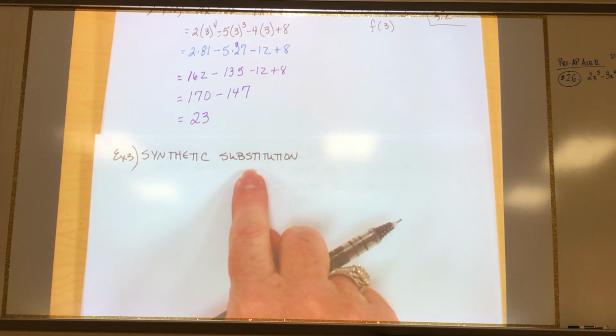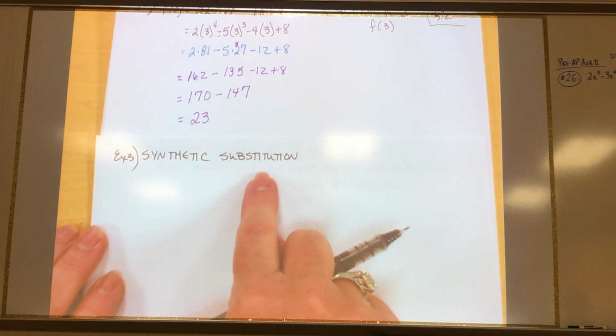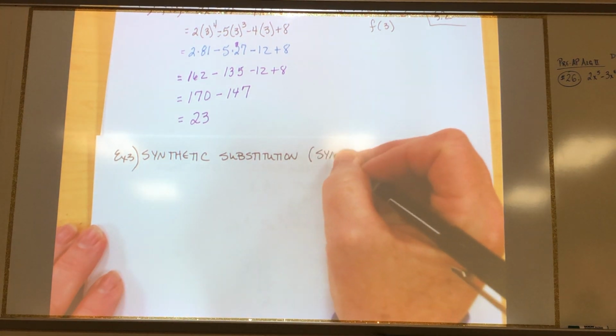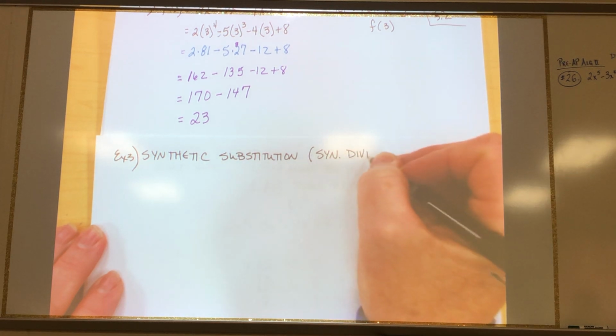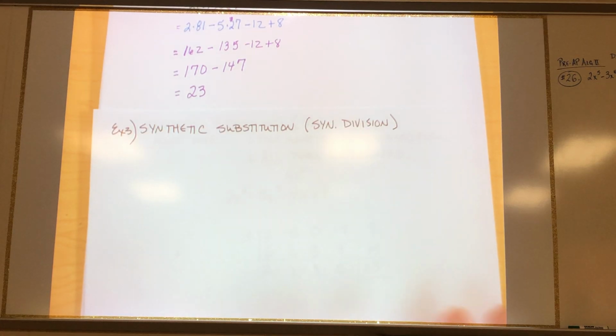And so at this point, this is what they call it. So if on a test, that's what they're going to call it. But then they're going to change the name of it. I don't know why. I never call it synthetic substitution, but they do right now. So that's what it would say. But later on, it's going to be called synthetic division. So it's like fake division, the best division you've ever seen.